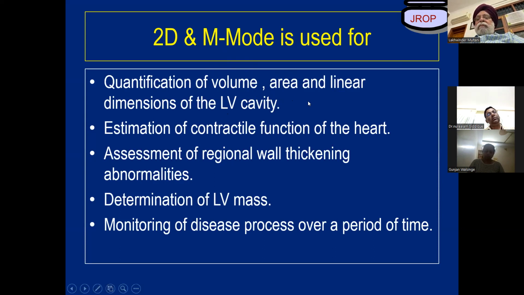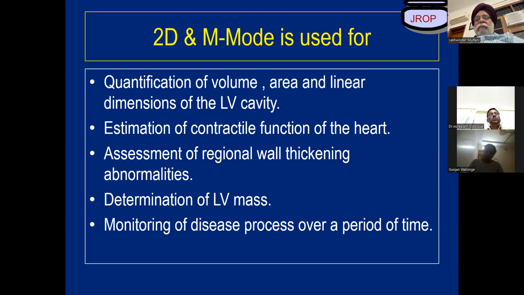Similarly, if you look at an area, either by direct planimetry or by continuity equation, that helps you conclude that this valve is significantly normal or significantly abnormal. And these quantifications are the backbones of any echocardiographic examination in the form of quantitative evaluation.